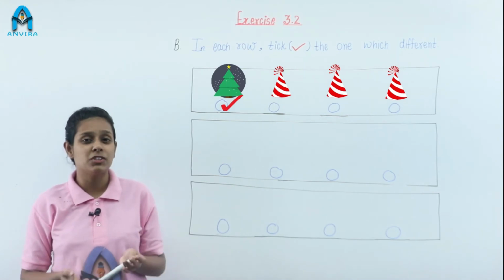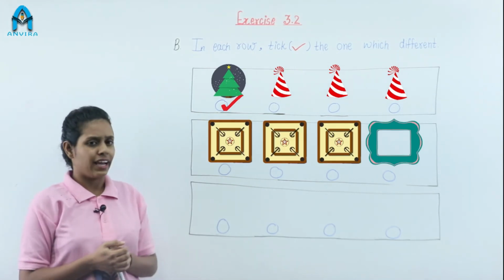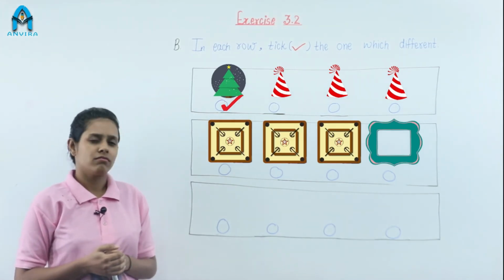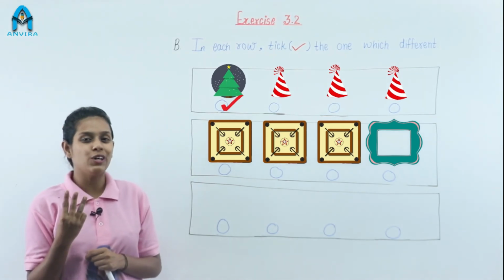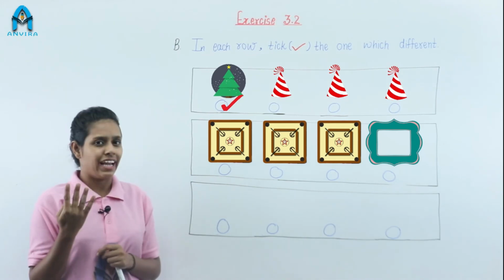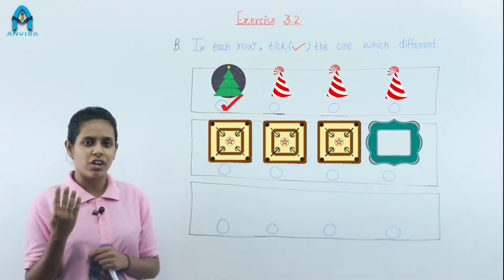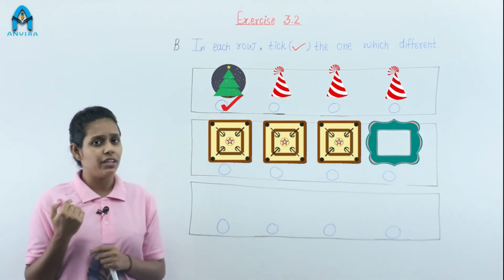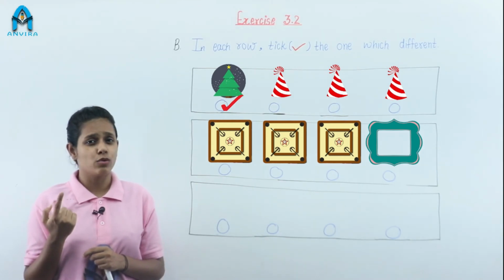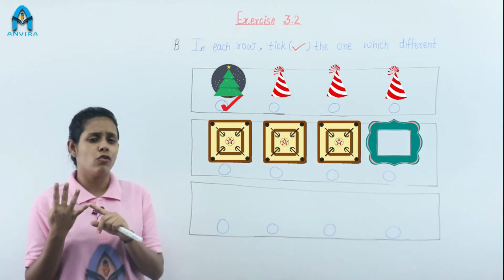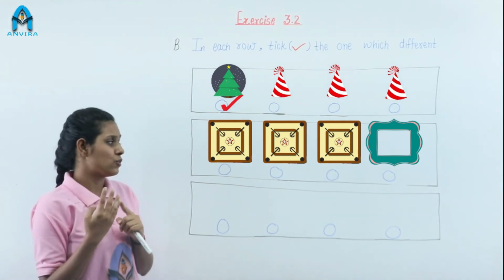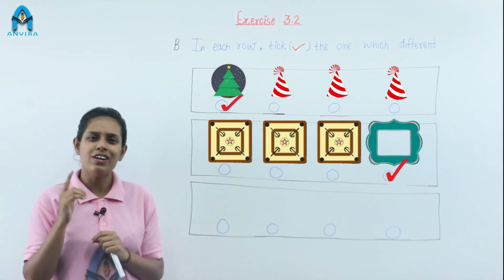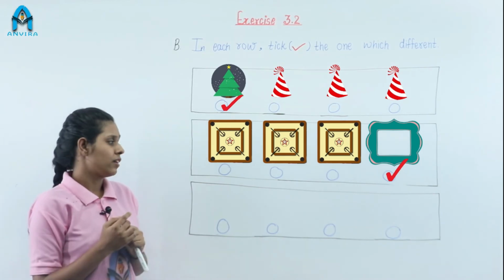Now, look at the next pictures. Carrom board, carrom board. Third one is also carrom board. Next, a photo frame. Now, tell me which is different? Carrom board, carrom board, carrom board. And fourth, photo frame is the different one. So, you have to tick the photo frame.